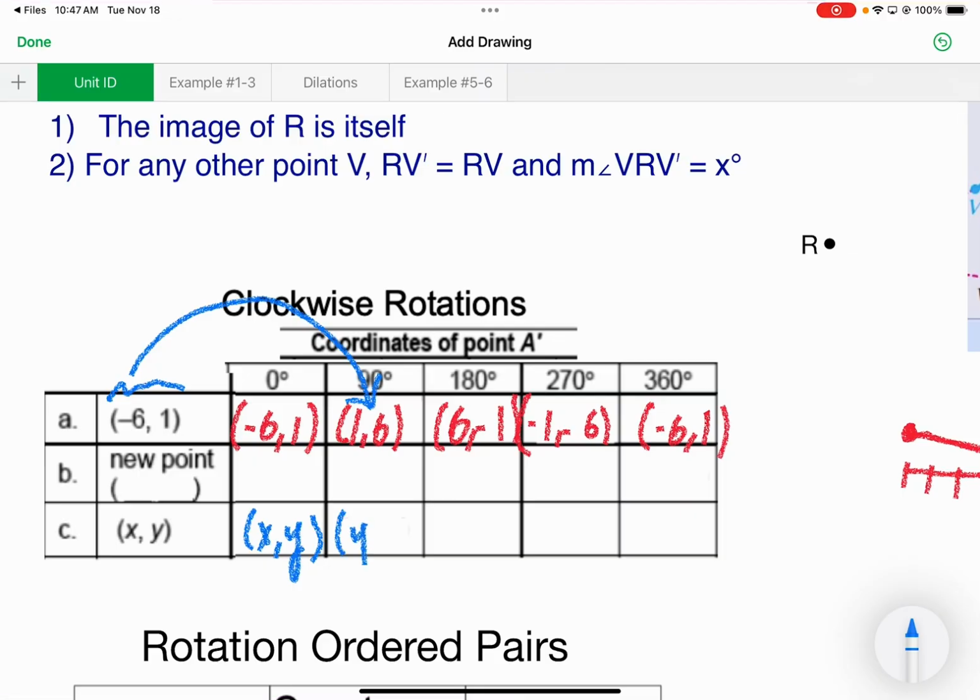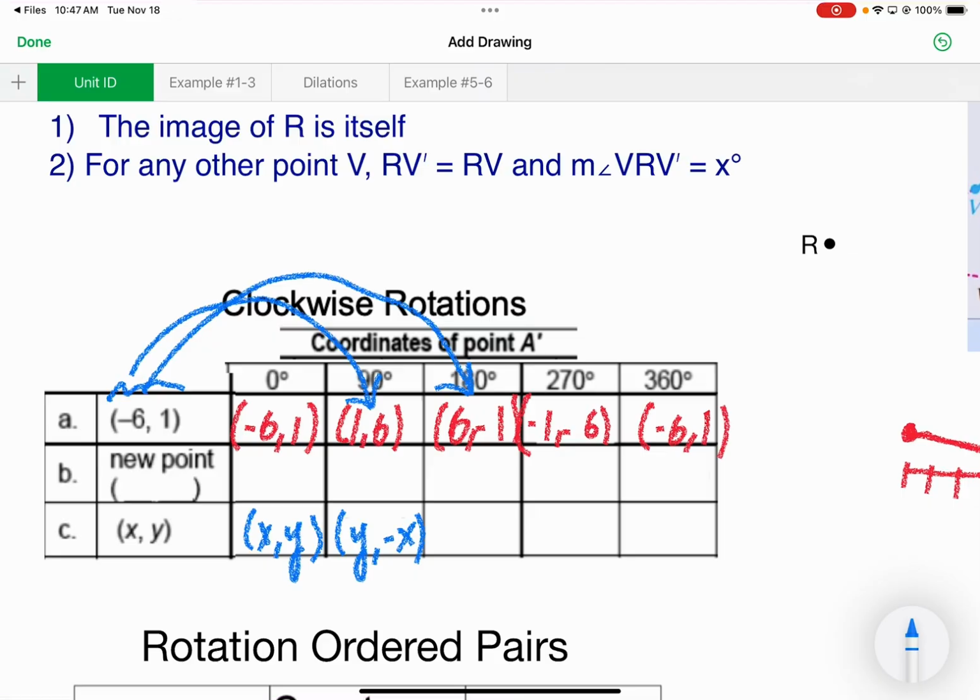So actually it would be y, -x, but you were really close. It's y, -x. You flip it, and then the value that lands in that second spot is what changed sign. So y, -x.